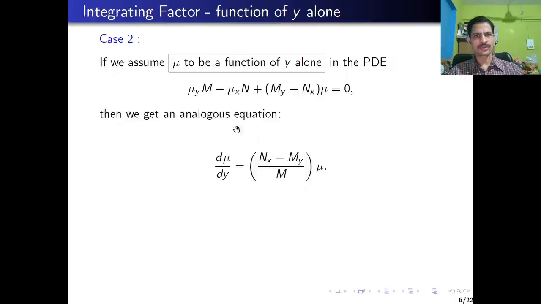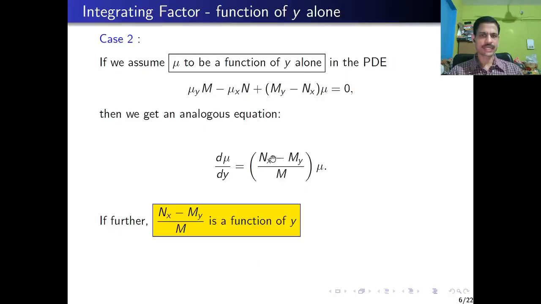We rearrange, this term is 0, we bring the M to the denominator, and this is what we obtain. Here again we have already made the assumption that mu is a function of y alone. Now we have to make the assumption that this particular term which appears in the bracket is a function of y alone. So we have d mu by dy is equal to (N_x minus M_y) divided by M, times mu.